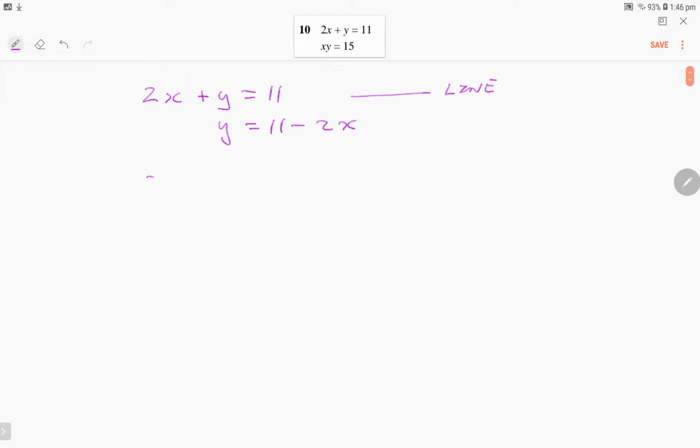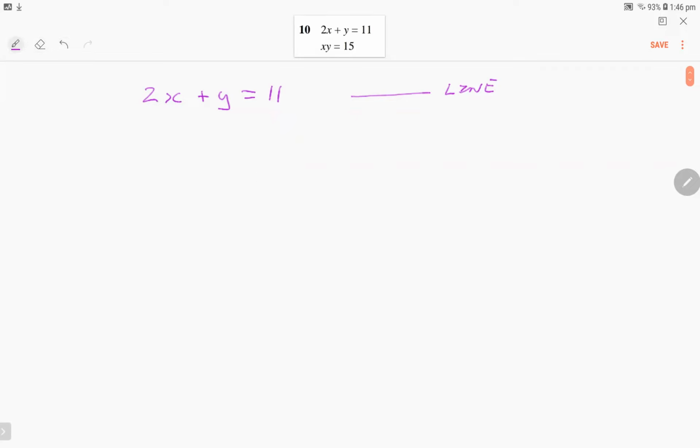And then you have the curve xy equals 15. You substitute 11 minus 2x right here and proceed. Most persons will do that, but I'm going to show you a little bit of skill before you get into that. Let's do it another way, just to show you something different.